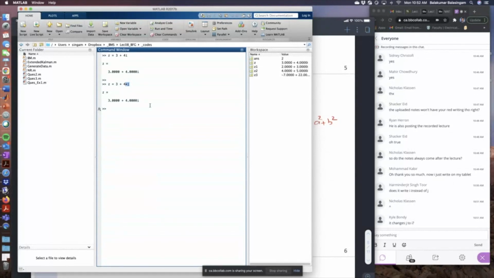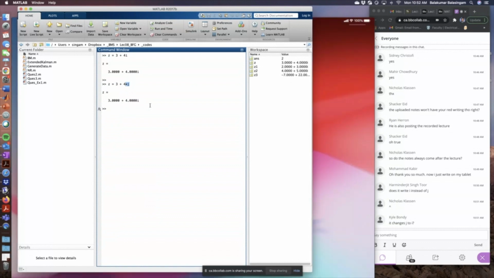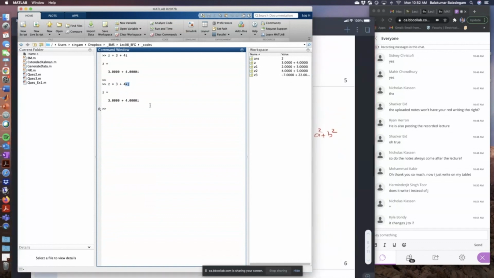That is a notation MATLAB uses; it always keeps the complex number as i, whereas in the lecture notes I'm using j. It's just a simple notation difference. Other than that, they are the same.